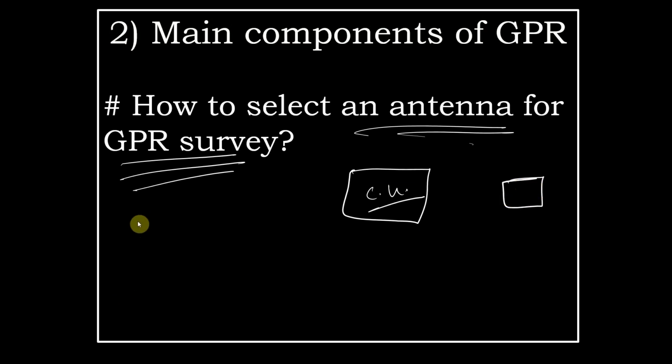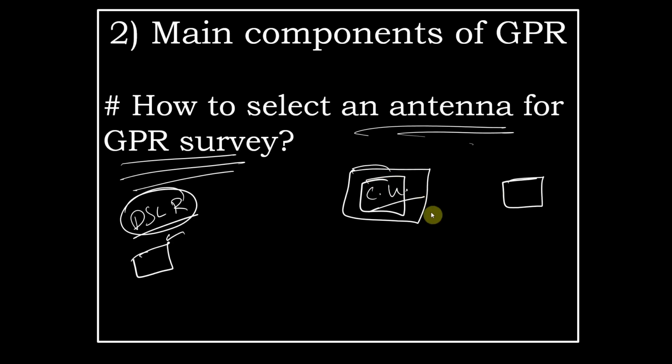Let's take an example like a DSLR camera. In this DSLR camera, you have a camera body, and you can add any lens that goes with that camera. The lens you are changing, but the camera body is fixed. In this case, the control unit is fixed. You will be changing the antenna.